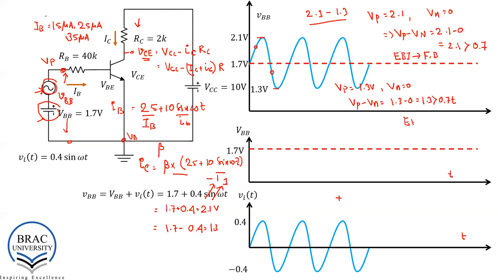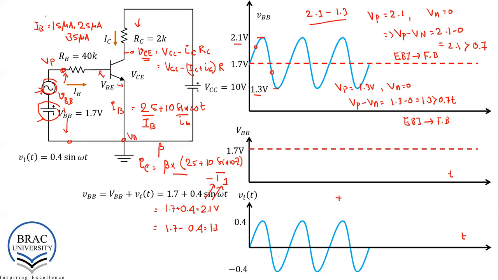So again, emitter to base junction is forward bias. So that means if you apply the DC voltage, you can always ensure that however small the input signal is, it makes sure the base to emitter junction is always forward bias. For both 2.1 volt and 1.3 volt it is forward bias. So the DC voltage helps to keep the emitter to base junction always forward bias.